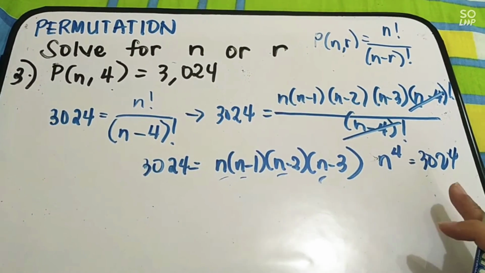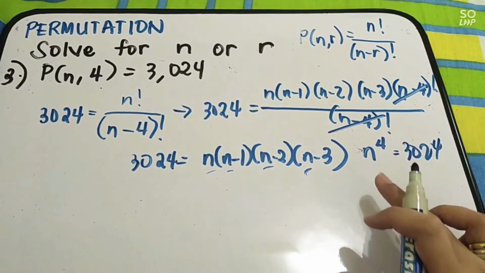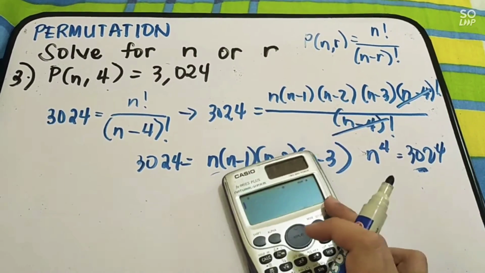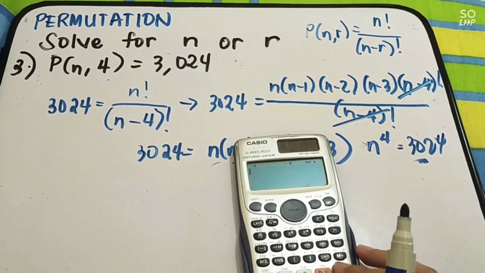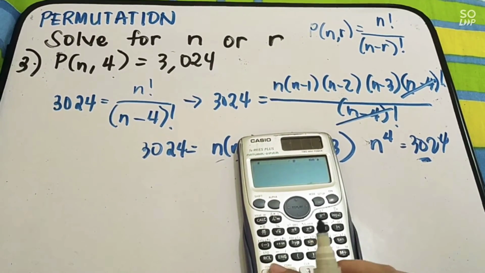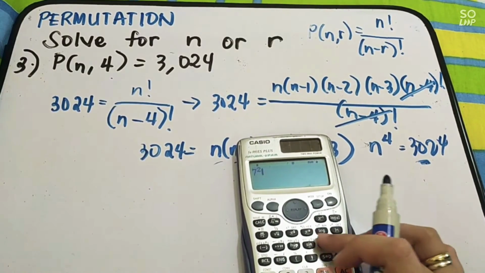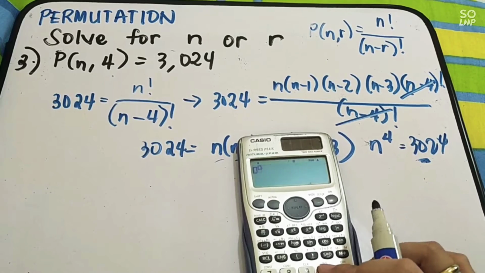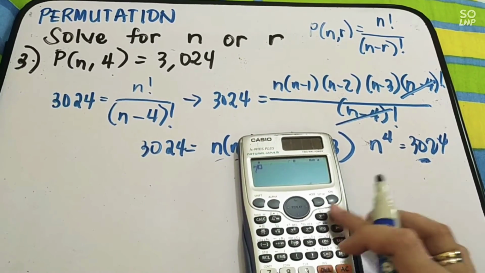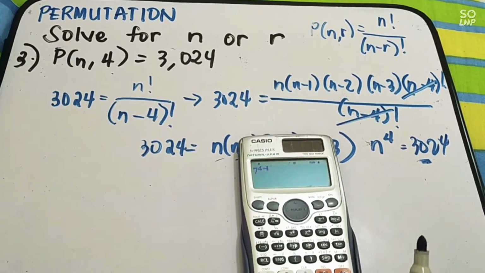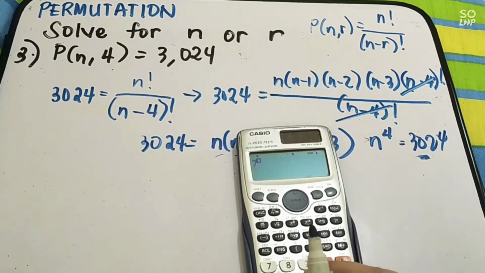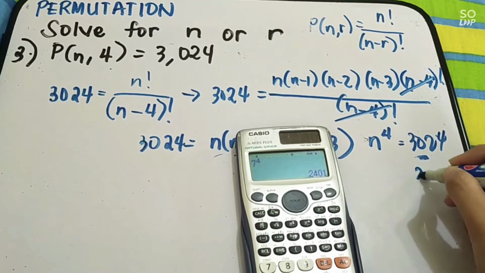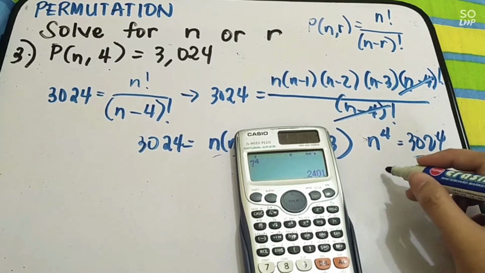So, it is equal to 3,024. Now, think of the closest number that, when raised, is close to 3,024. Let us use the calculator. Let us try 7 raised to 4. The answer is 2,401. That's close.